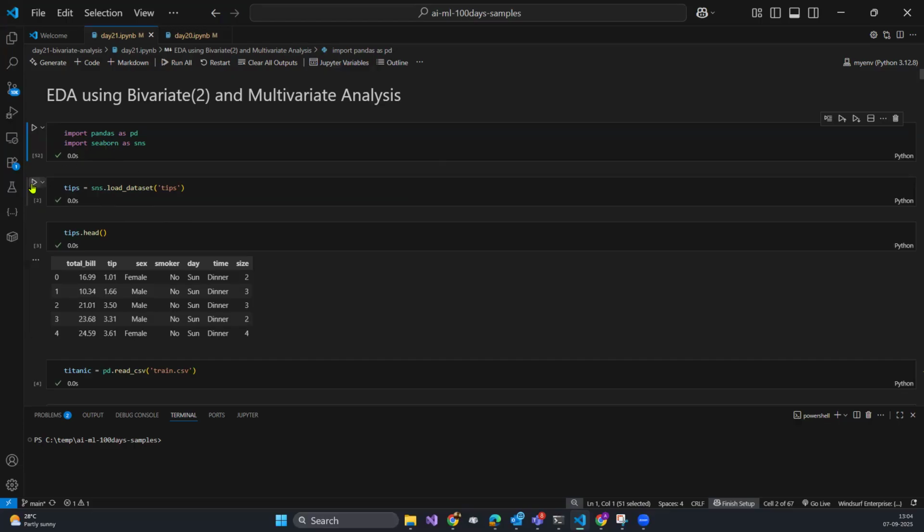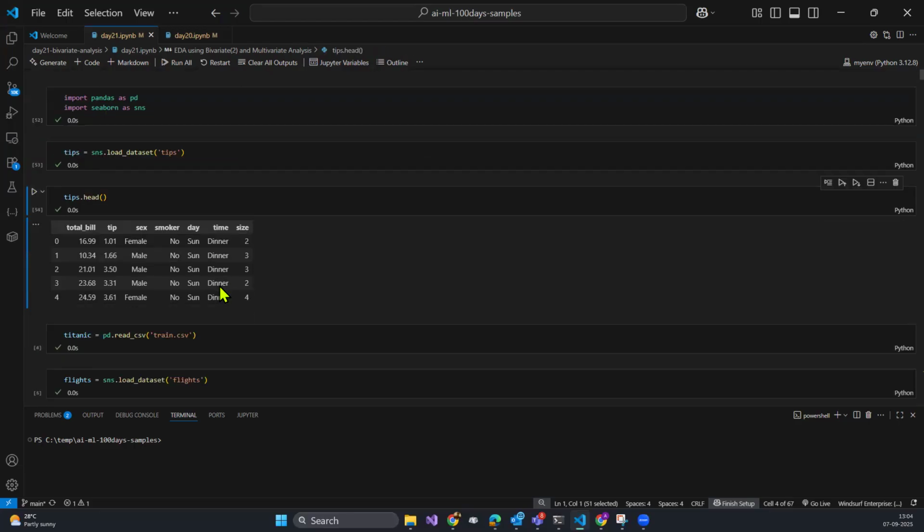So here we are going to take the tips data set. This tips data set tells us the total amount of bills and how much tip they have given.